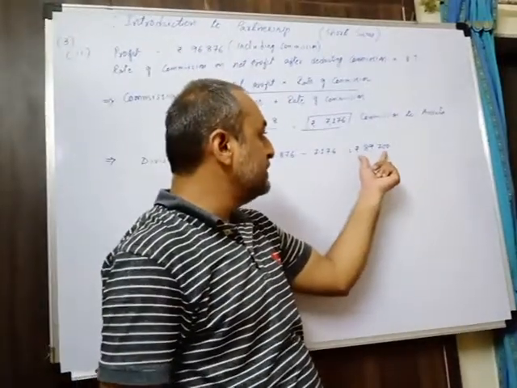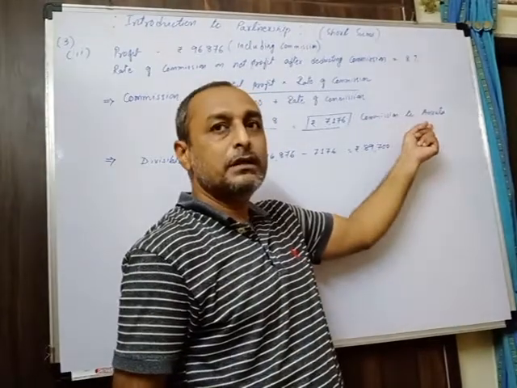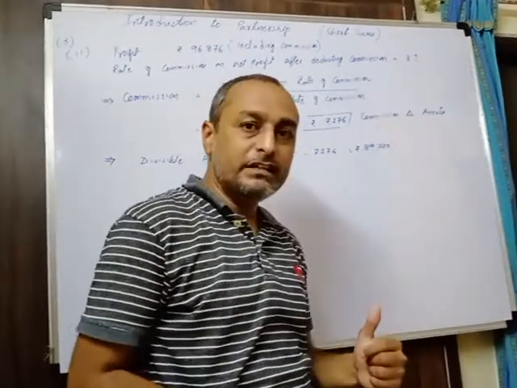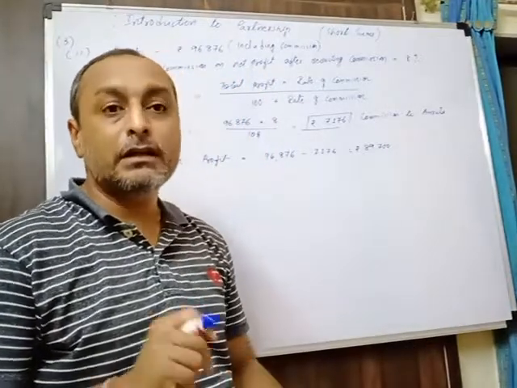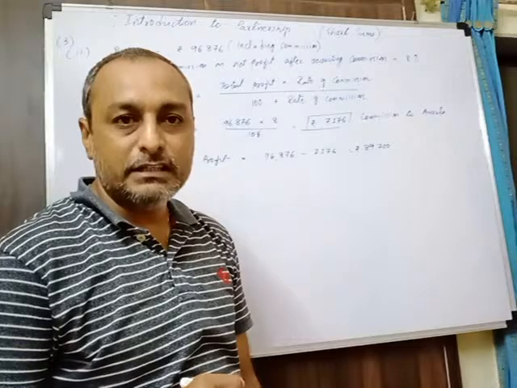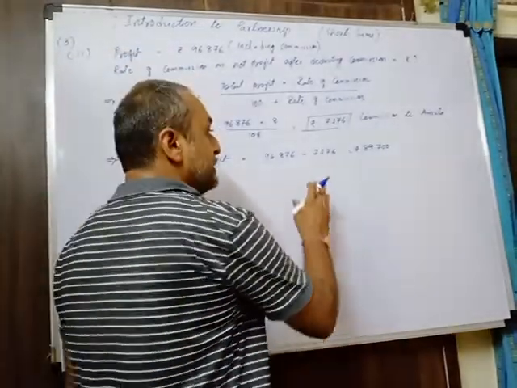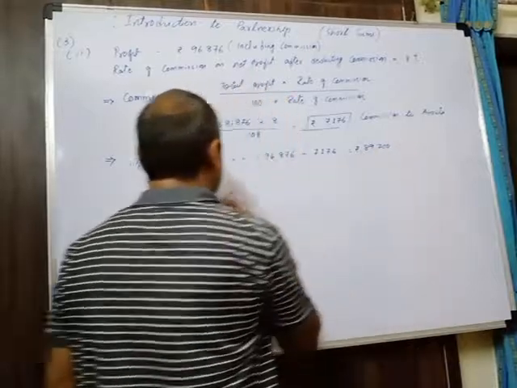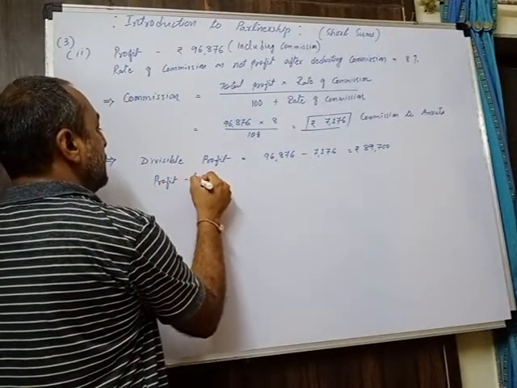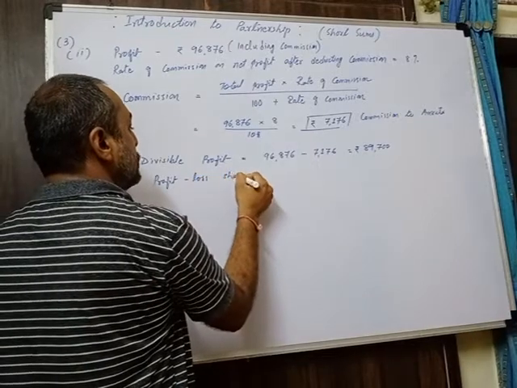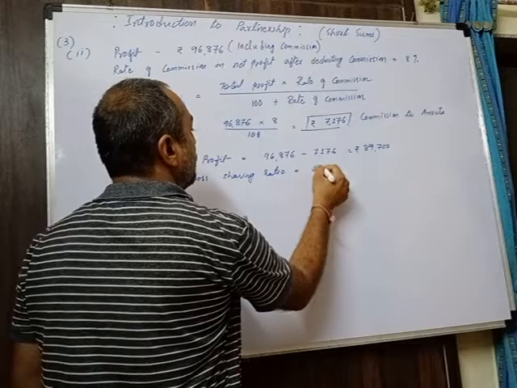Now this profit is distributed among the partners, and we need only the share of Amruta. What is their profit sharing ratio? In your sum, the ratio 3:2 is given, but it was the capital ratio. It is not a profit sharing ratio. So the profit sharing ratio is not given, and when it is not given, the profit and loss sharing ratio is equal to 1:1.